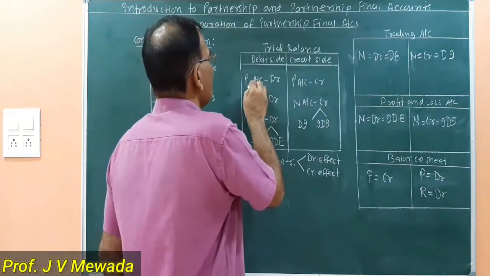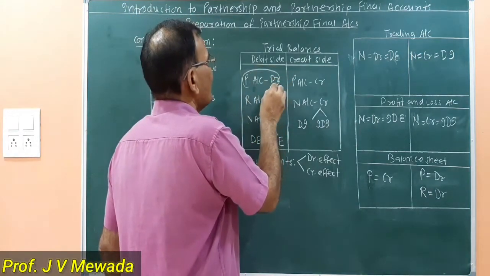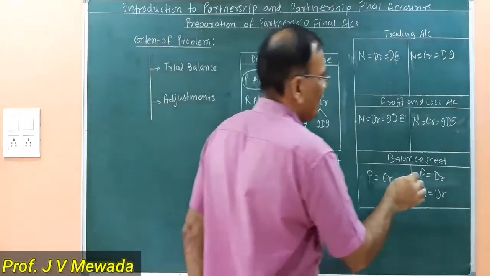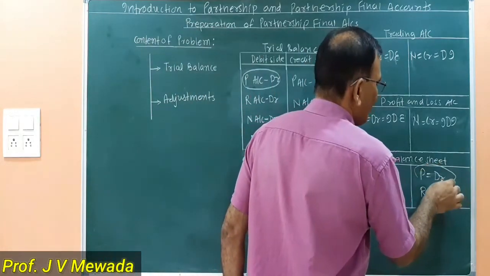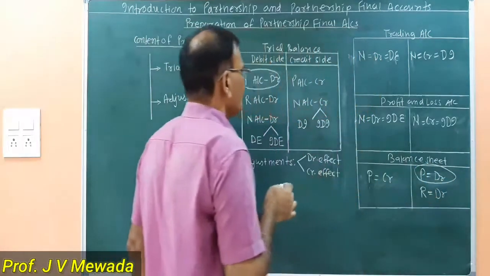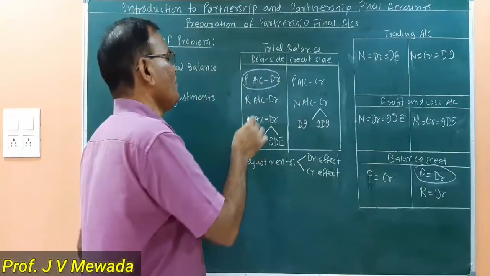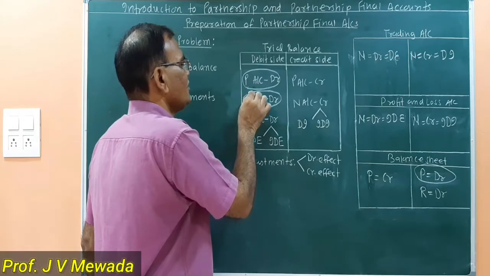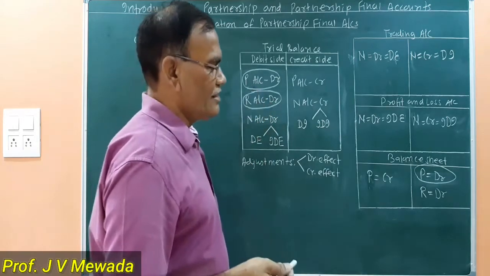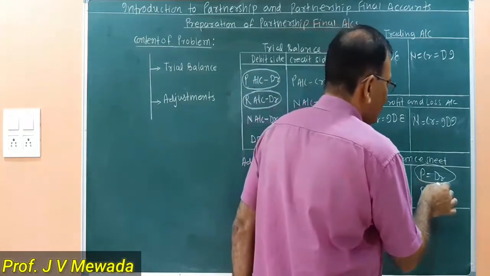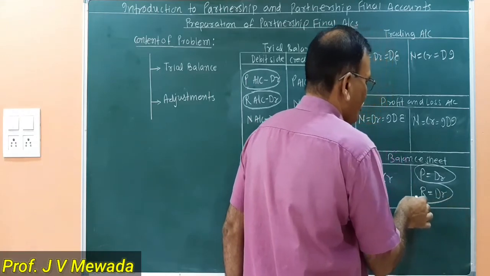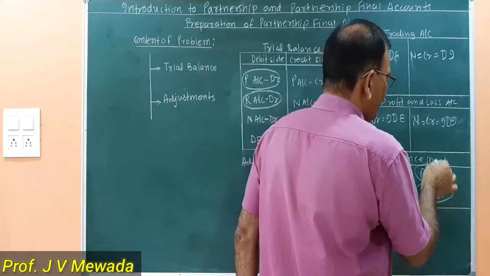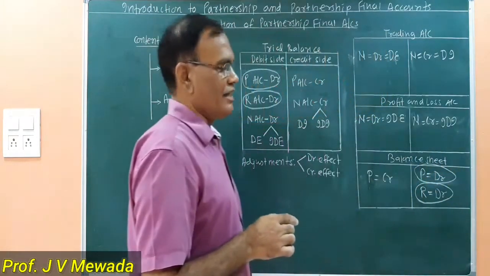So all personal accounts having debit balances appear on the asset side of the balance sheet. Next, real account debit balance. Real account debit balances are all the assets. So all the assets appear on the asset side of the balance sheet. So all the real account debit balances appear on the asset side.